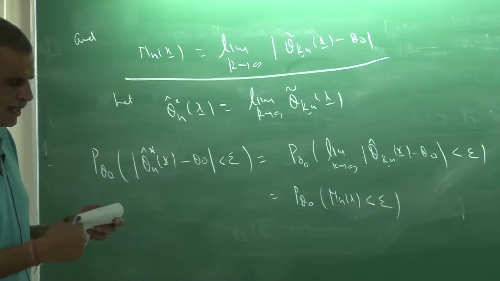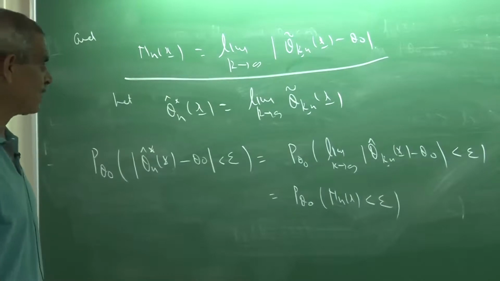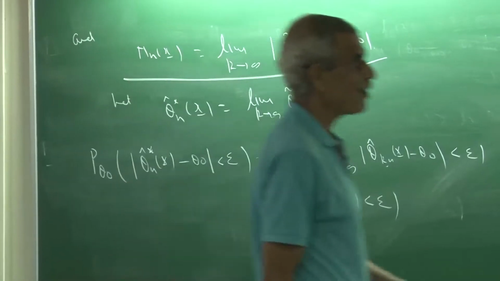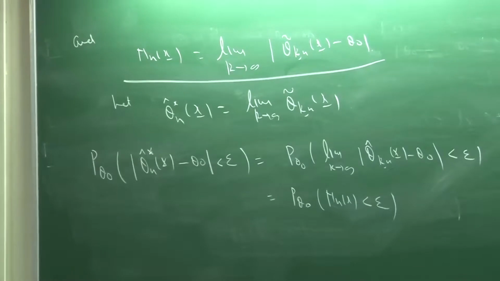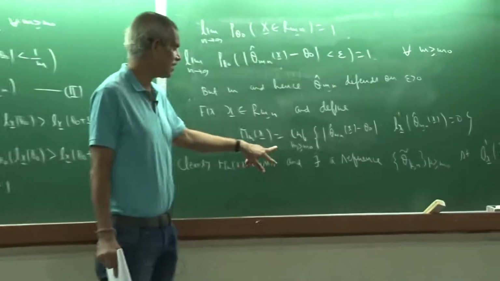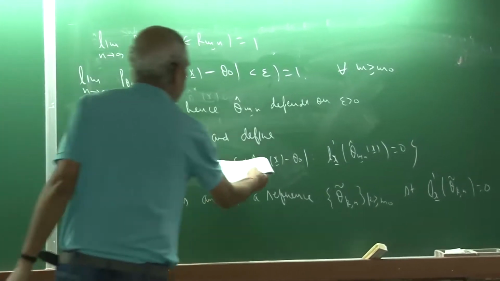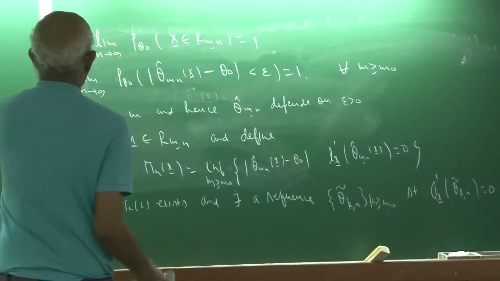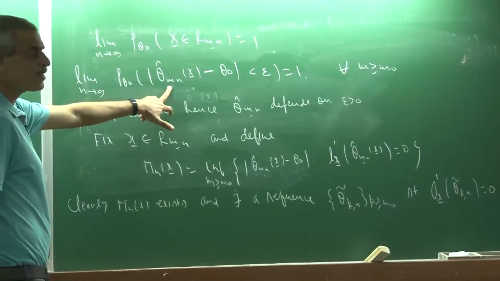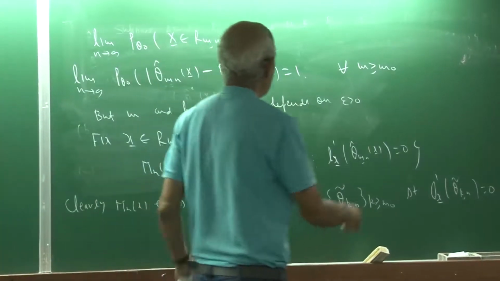Now, you know that the probability that x belongs to Rmn is 1. And for any x belonging to Rmn, mnx is this. So mnx is less than epsilon, that means the infimum is less than epsilon. But for each of them this happens, so for the infimum also it would happen.